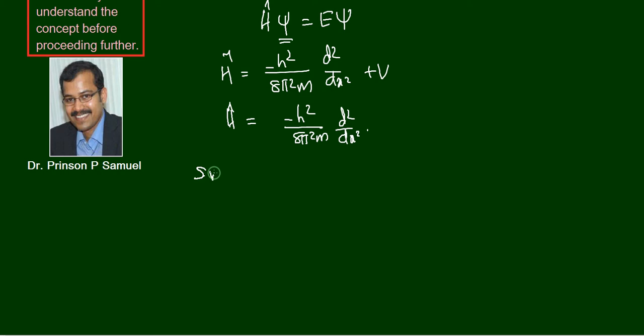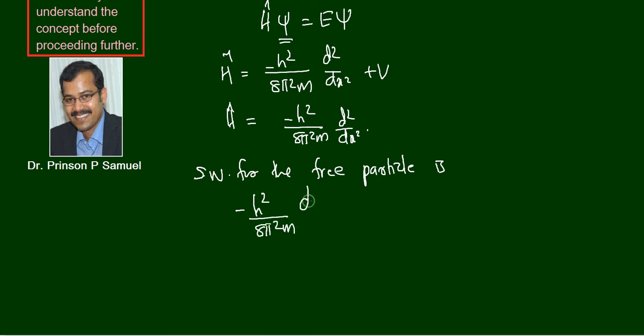The Schrodinger wave equation for the free particle is H cap psi, which means minus h square divided by 8 pi square m d square psi by dx square, equal to E psi. That is the Schrodinger wave equation, where E is the energy of the system.